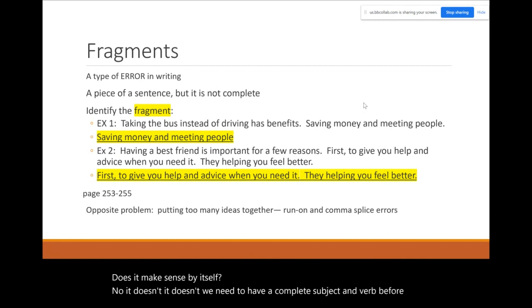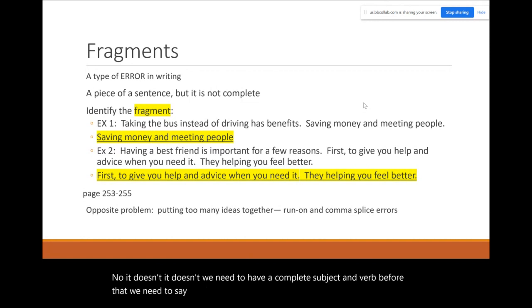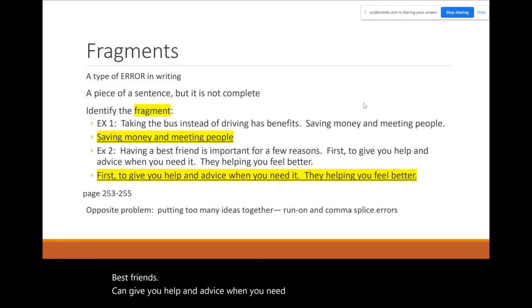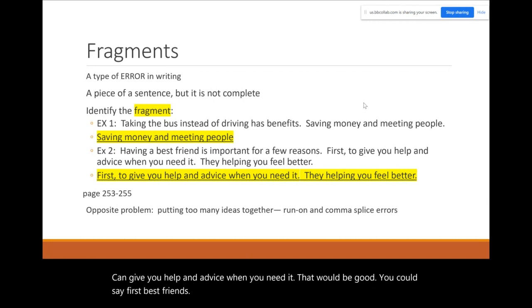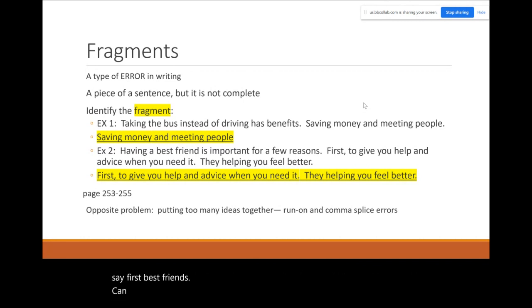We need to say first, best friends can give you help and advice when you need it. That would be good. Okay? So we've got to have a subject and verb in a complete idea.